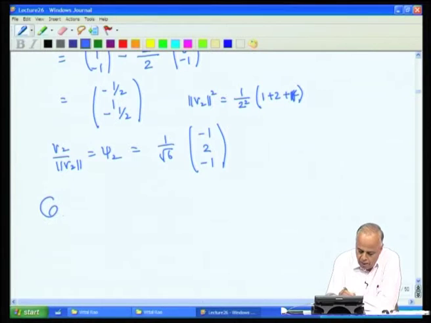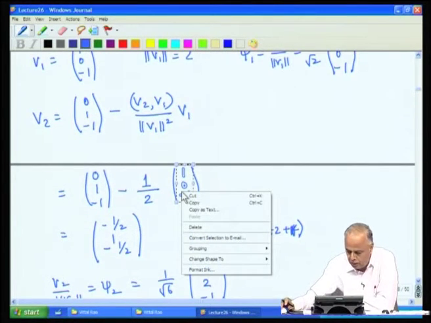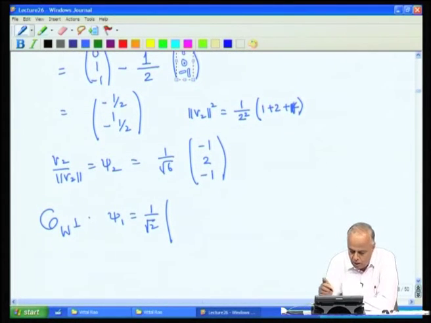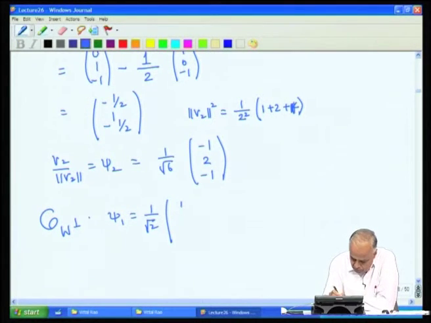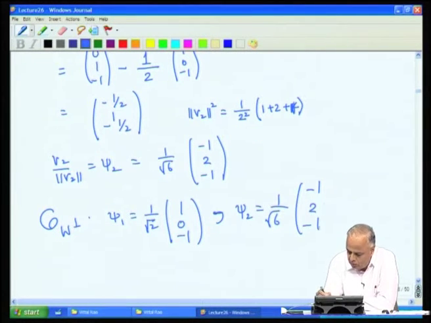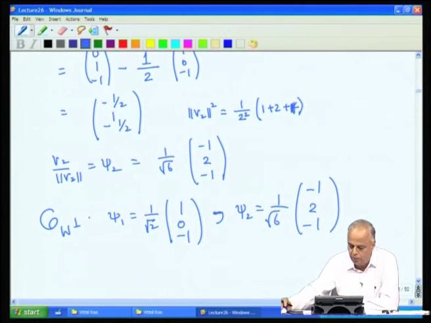So, we get OW perp to be psi 1, which is 1 by root 2 into 1 0 minus 1, and then psi 2, which is 1 by root 6 into minus 1 2 minus 1. Thus, we have the orthonormal basis for W perp.